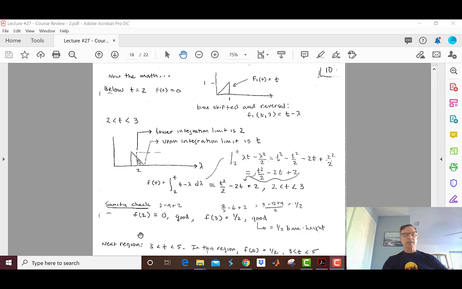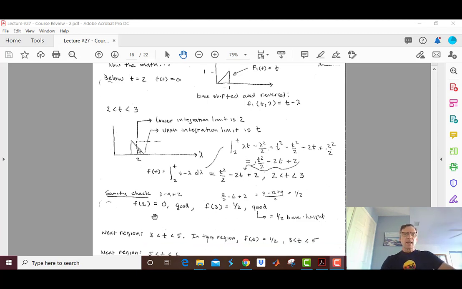So let's do a sanity check. F of 2, or in other words, we know that at 2, the answer better be 0. So if t is equal to 2, I have 4 over 2, that's 2, minus 4 plus 2 gives me 0. Good. And I know that at time equals 3, the triangle is completely inside that impulse response.